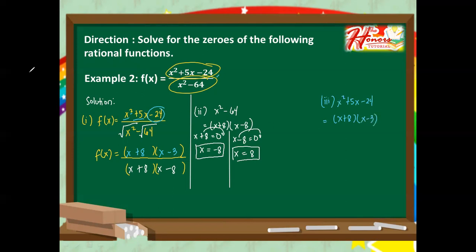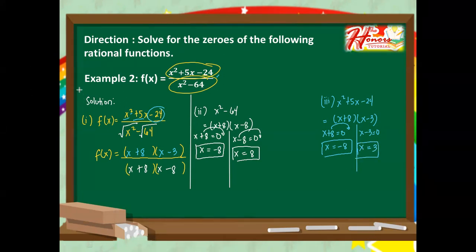And then we are going to solve for x. Same process, kindly equate both of them to 0. Then it will become x plus 8 is equal to 0, and then x minus 3 is equal to 0. And then same goal, x will be at the left side, and this positive 8 will be at the right side. Then it will become negative 8. For x minus 3, it will become x equals 3.